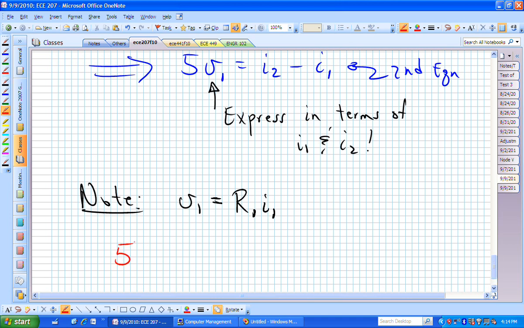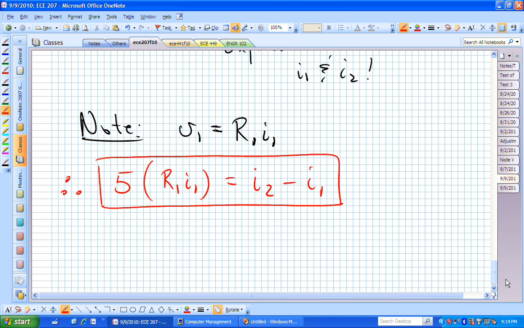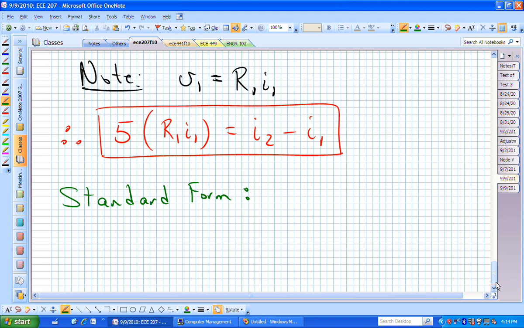We can now say 5 times V sub 1, which is R sub 1, I sub 1, is equal to I sub 2 minus I sub 1. And that's now a second equation that will allow us to complete the problem. If we needed this in standard form, our first equation was, if I go back in my notes, we had what multiplying I sub 1?